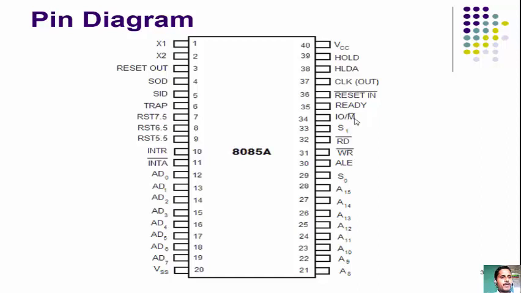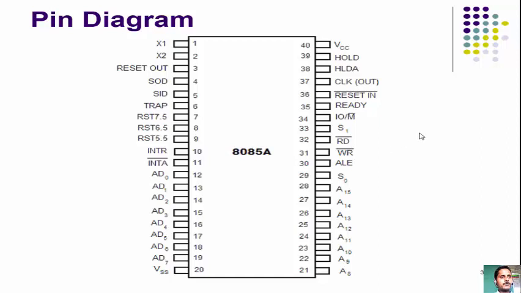Here IO indicates IO device related operation performed by the processor, and M bar, active low, indicates memory related operations are being performed by the 8085 microprocessor. So the combination of these three pins, S0, S1 and IO/M bar, will give you the detailed information about the current operation performed by the 8085 microprocessor.